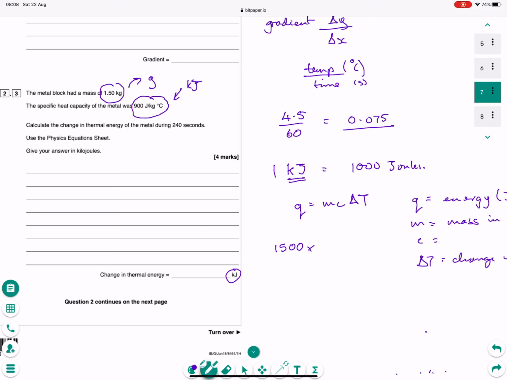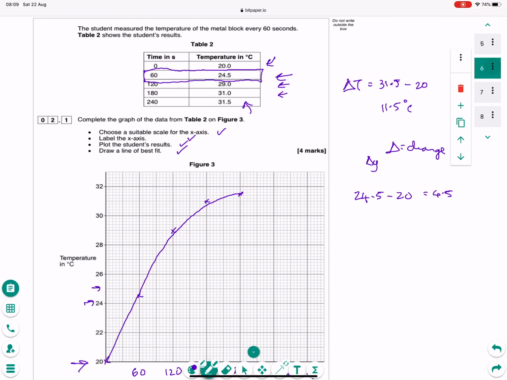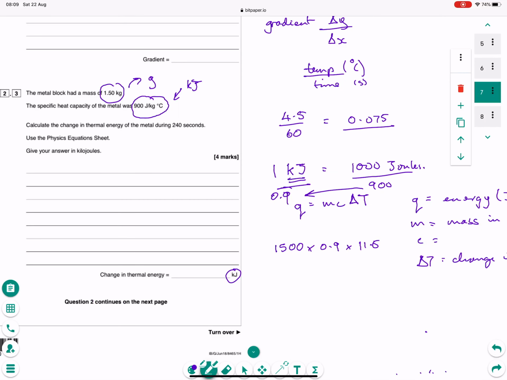Okay, if 1 kilojoule is equal to 1,000 joules, then 900 joules is equal to 0.9 kilojoules. Times 0.9, times our change of temperature, 11.5. Just double check. 11.5.